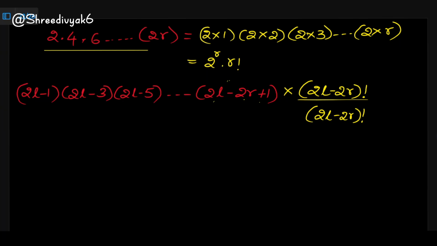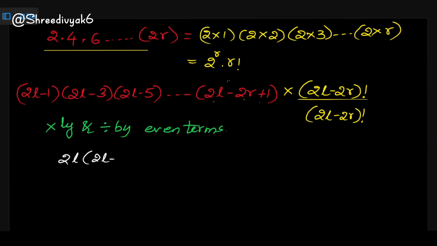So what I'll do, I'll just multiply and divide it by even values, even terms here. Just look at that, how it is going to change, right? So it is nothing but what? I'm getting 2l factorial here. Yes, how? 2l minus 1.